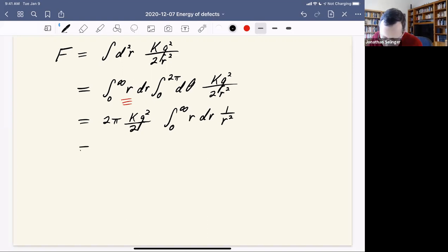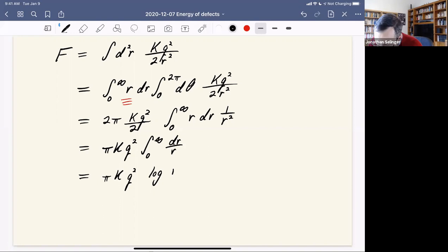So this is pi k q squared, integral from 0 to infinity dr over r. And we know how to integrate 1 over r. That's the natural log. So this is pi k q squared log r evaluated from 0 to infinity.